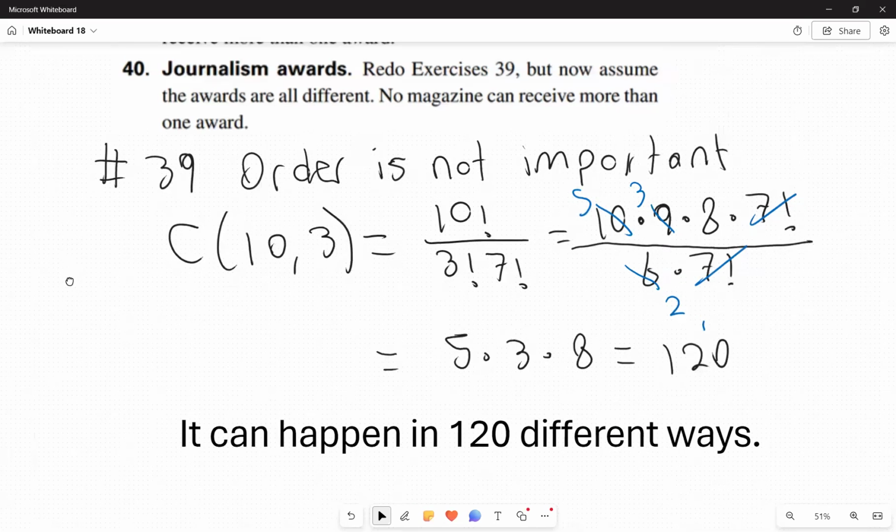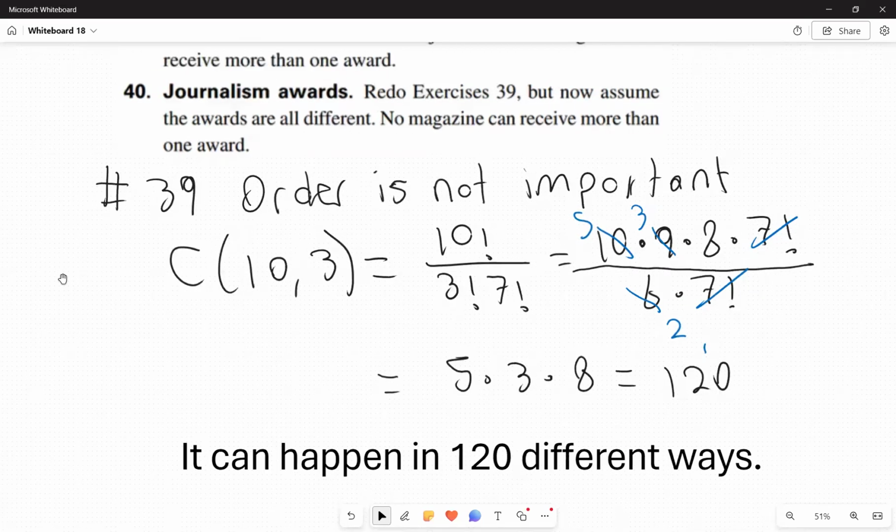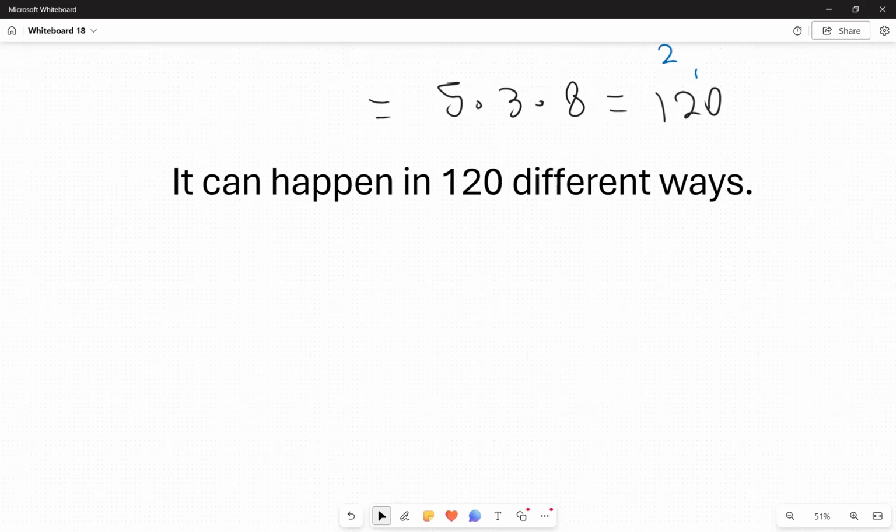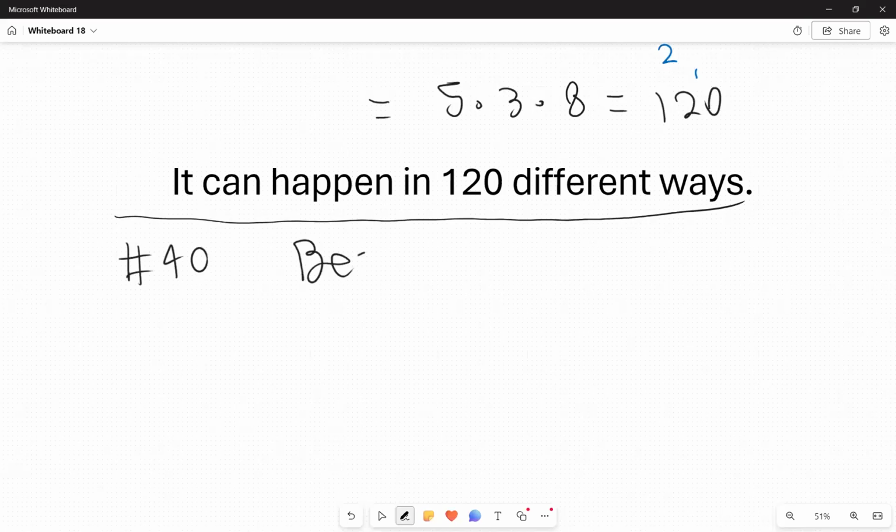Now, in number 40, the order matters because the awards are different. So you can select the same 3 magazines and give them different awards. And that's going to be a different situation. Let's say the awards are the best of the year, most original, and most creative.